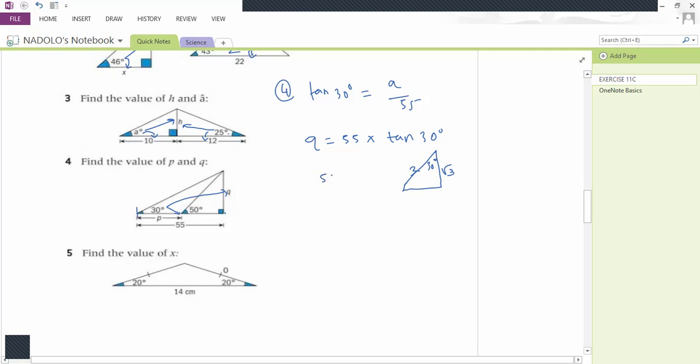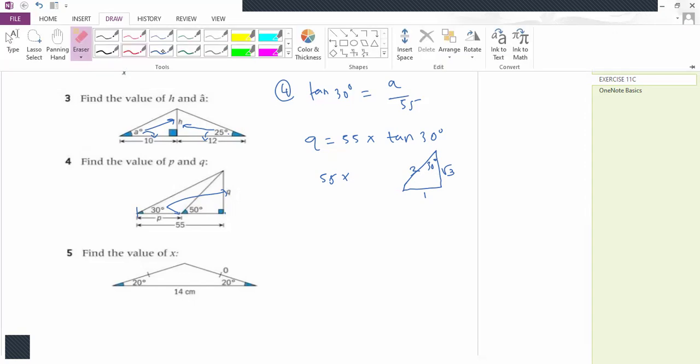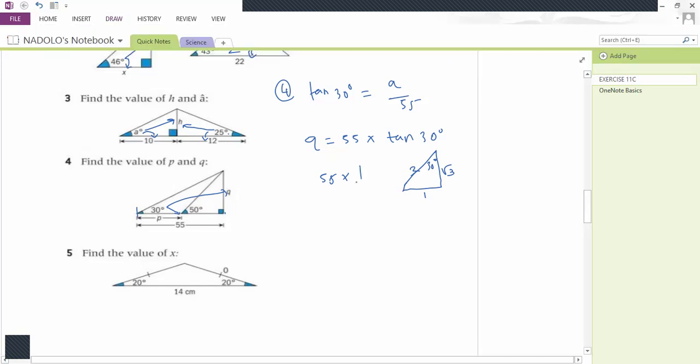So we'll have 55 multiplied by tan 30, where opposite is 1, which is 1 divided by square root of 3. You need to write that as an exact answer, so that your answer is 55 over root 3. You can rationalize: 55 times root 3 divided by 3. Or else you can use your GDC.